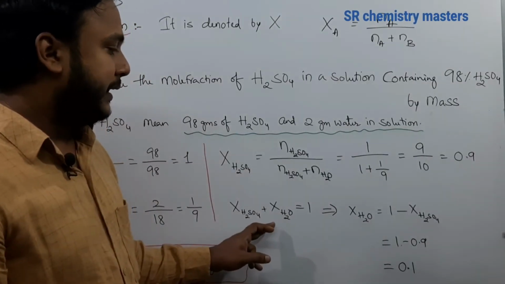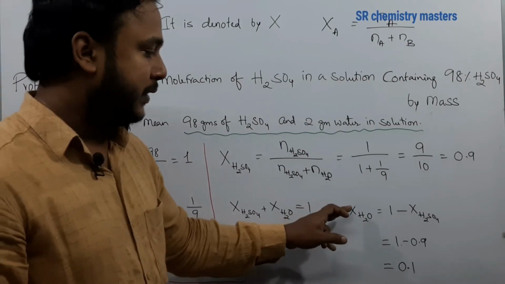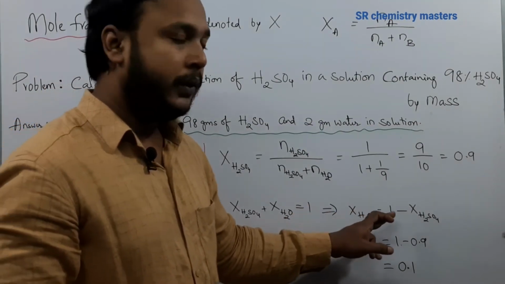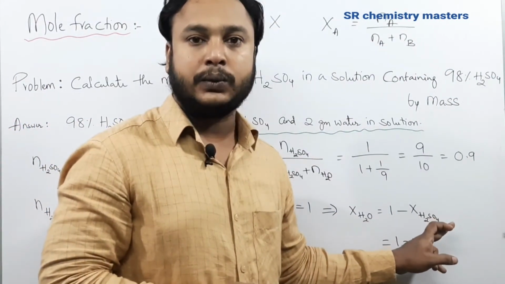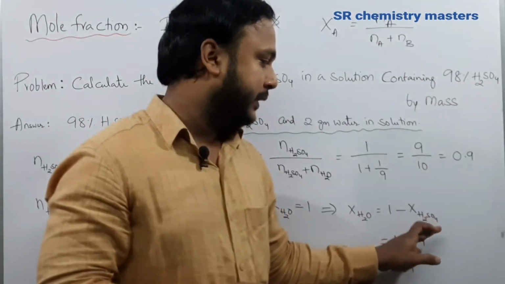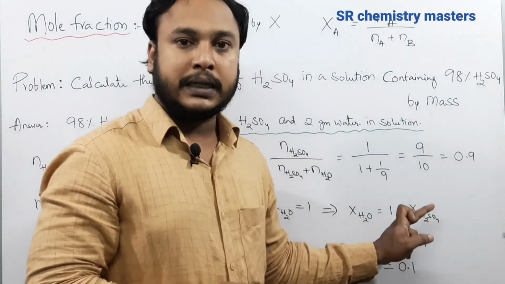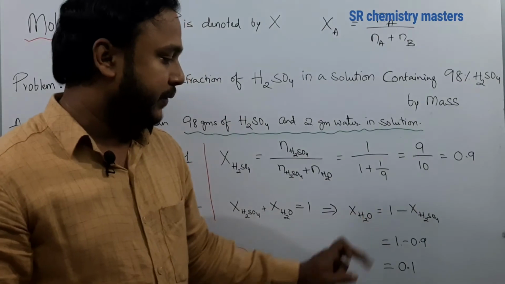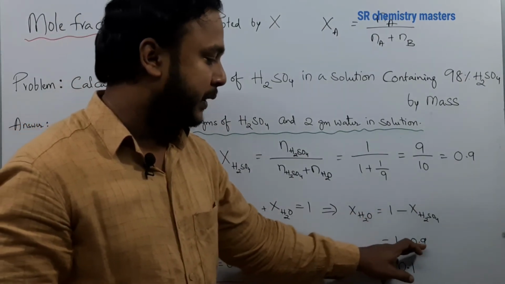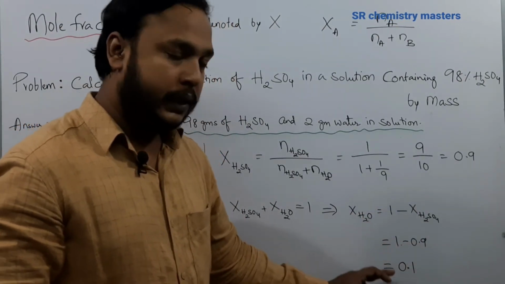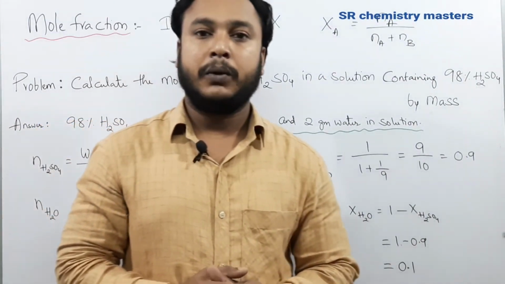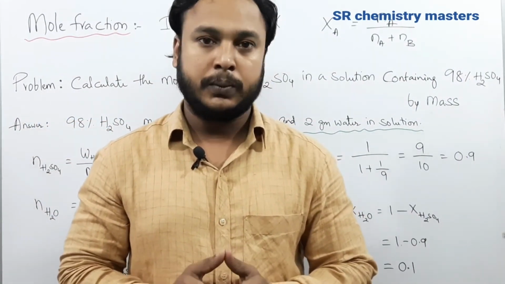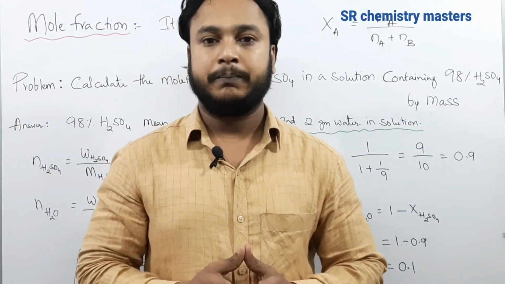From this we get the mole fraction of H2O is equal to 1 minus the mole fraction of H2SO4. On substituting the value of the mole fraction of sulfuric acid, we get 1 minus 0.9, which is equal to 0.1, the mole fraction of H2O present in the solution.